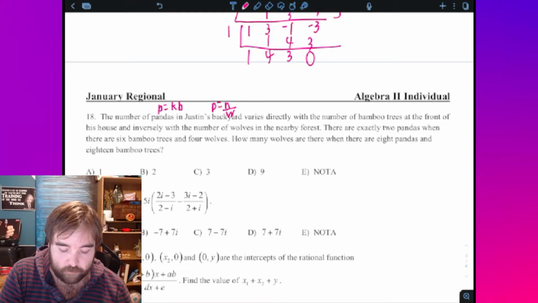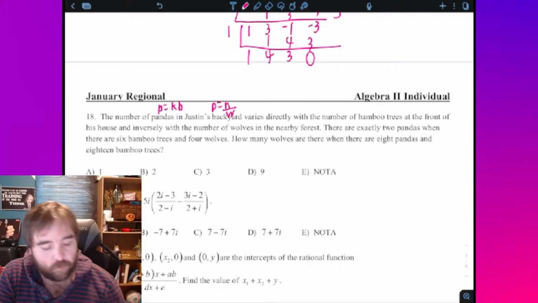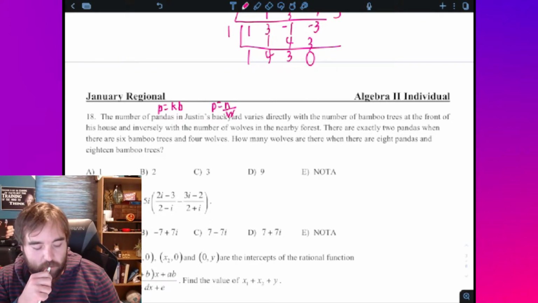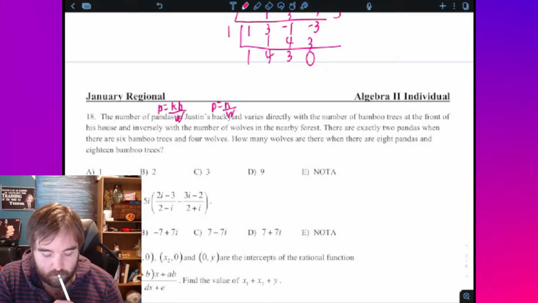And then there are exactly 2 pandas when there are 6 bamboo trees and 4 wolves. Do I need to just do this and combine them? I think so.